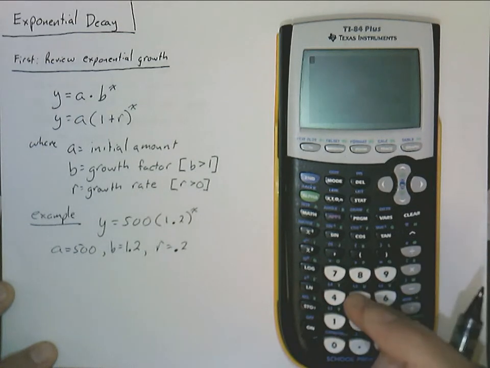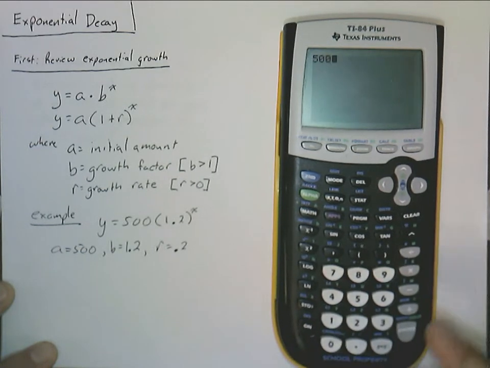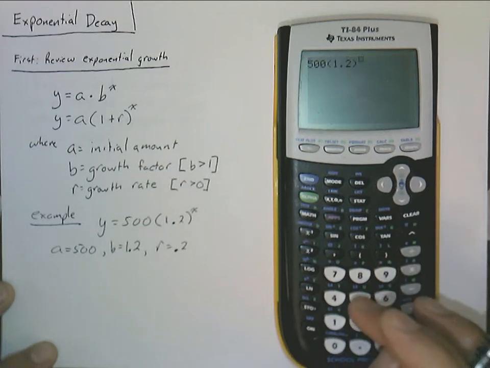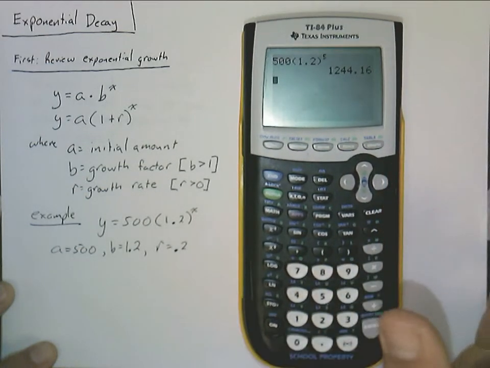If we want to know after 5 years or 5 days, whatever that is, 500 times 1.2 to the power of 5. So after 5 time periods, we're going to end up with 1,244.16 for the value of y.